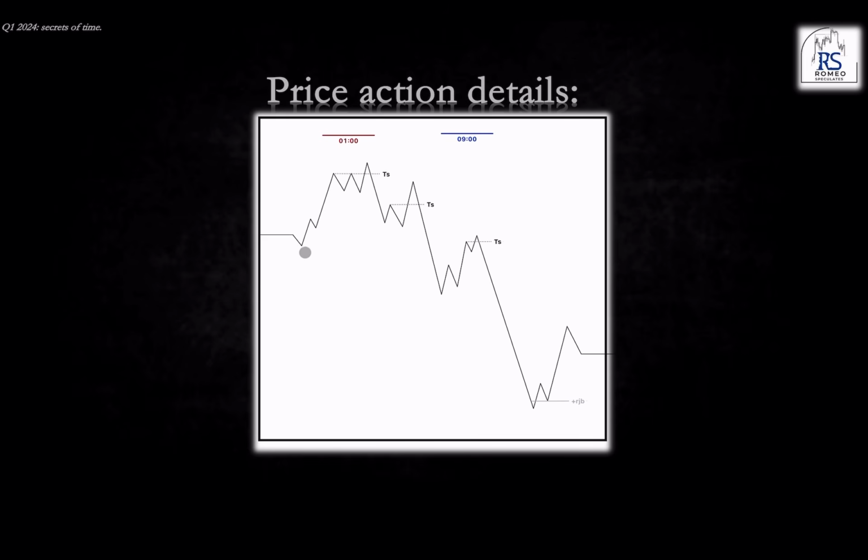Open. Rally. Range. Turtle soup. Decline. That's during 1 o'clock onwards. And then you have this. At 9 o'clock, you expect a rally, turtle soup, and continuation. All right, expansion leg number 1, protraction, expansion leg number 2.